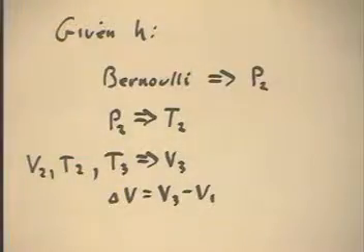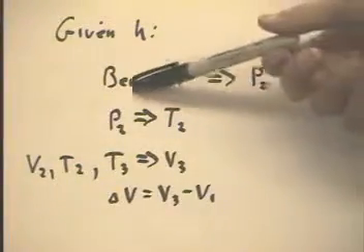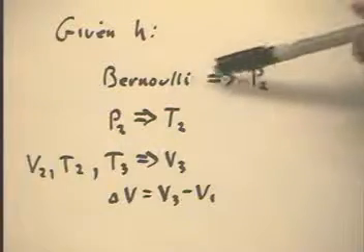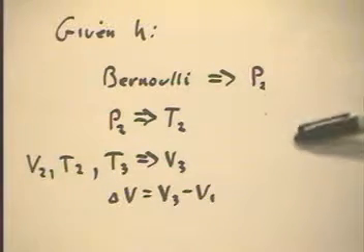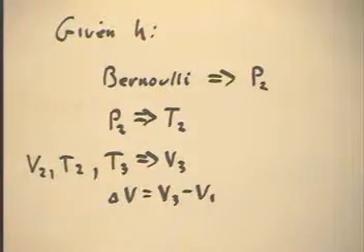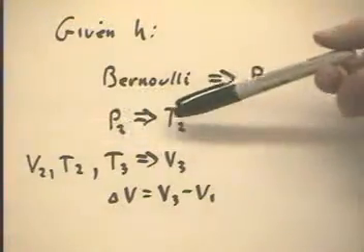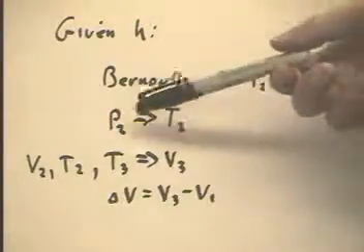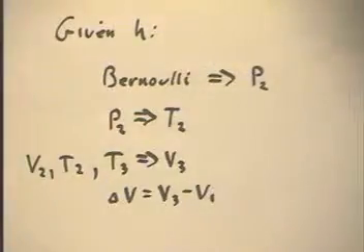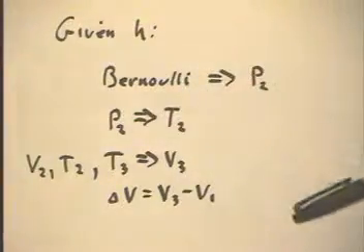Again, outlining the process, Bernoulli's equation is what we use to find P2, the pressure after we've raised the water up to the height h. From P2 we find T2 because V and N remain constant. The pressure and temperature are just directly proportional.